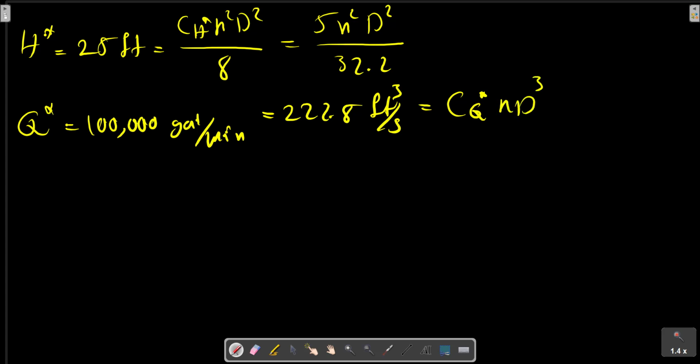One type of non-dimensional number is the capacity coefficient for the pump.